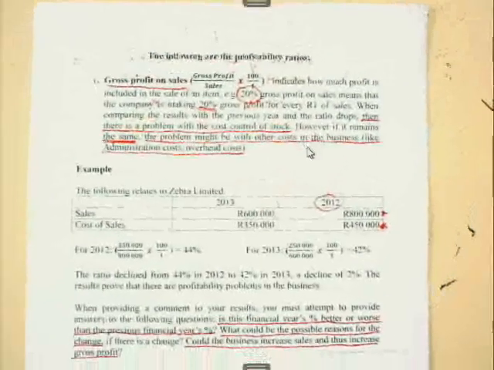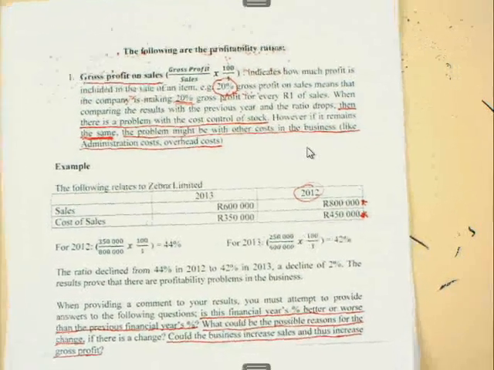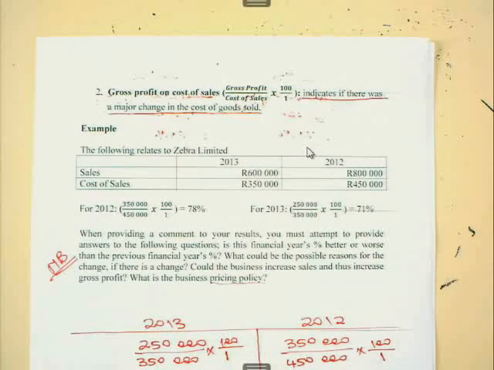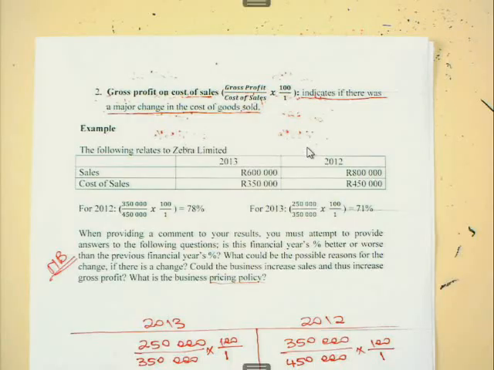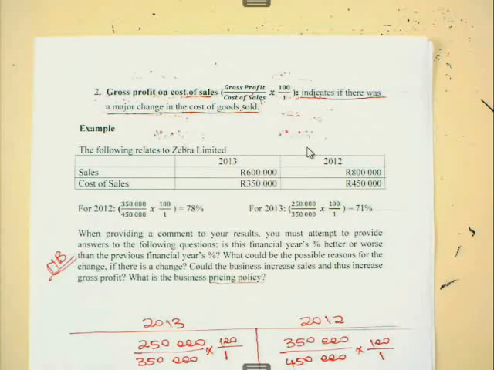The gross profit as a percentage of sale indicates how much profit is included in the sale of an item. The gross profit as a percentage of cost of sales indicates if there were major changes in the cost of goods sold.